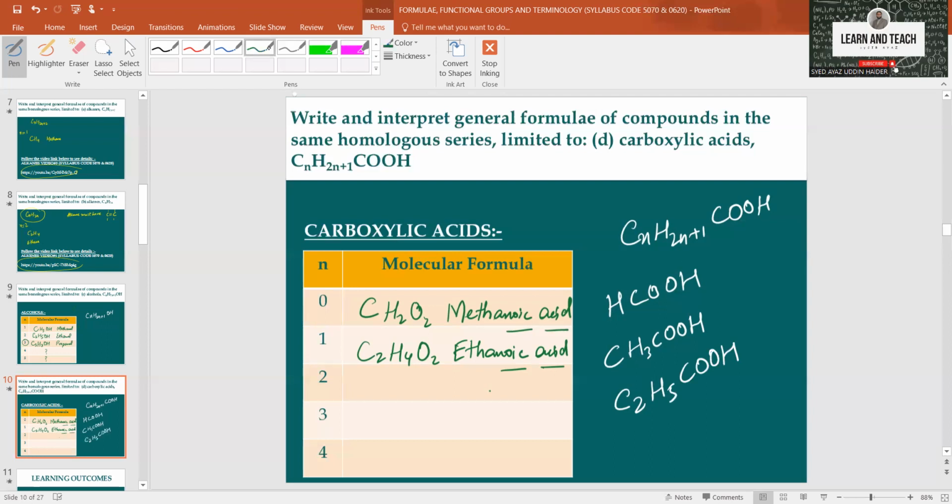So the molecular formula will be C3H6O2. The name will be propanoic acid. Now I want you to work out the molecular formula for the fourth and fifth member of carboxylic acids.